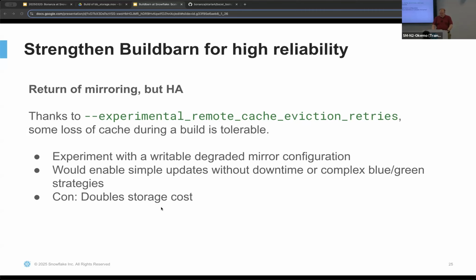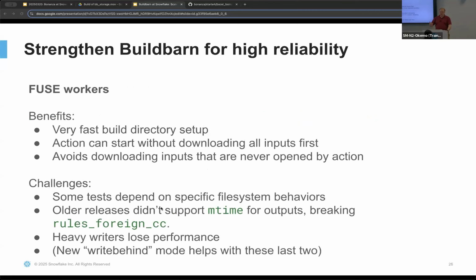So the other thing is, we're still trying to get onto fuse workers. And it's interesting that on your new setup experiment, Ed, you're not actually going to implement the native mode anymore. I'm kind of fine with that, but we've had some difficulties with the fuse workers. If you haven't tried using the fuse mode, what that means is that instead of having to write a bunch of hard links into the build directory for every action, it's able to just present a view that's more or less set up instantaneously based on the input specified in the action request.